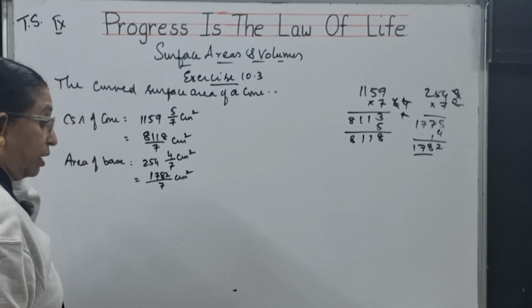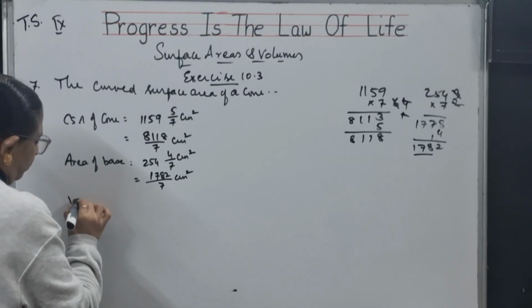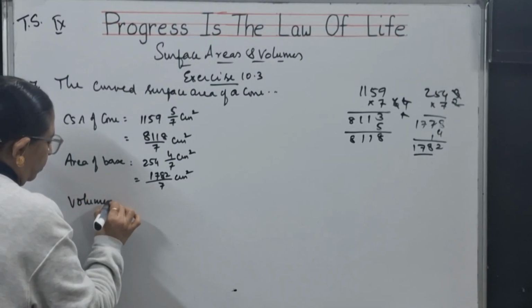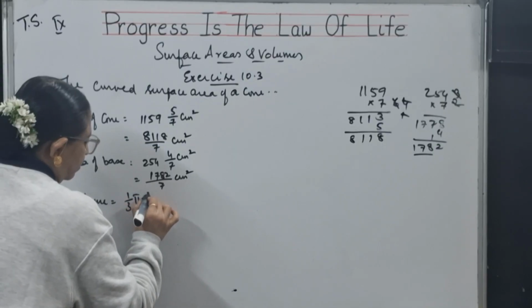Now what are they asking us to find? Find the volume. The formula for the volume of the cone is 1/3 pi r square h.